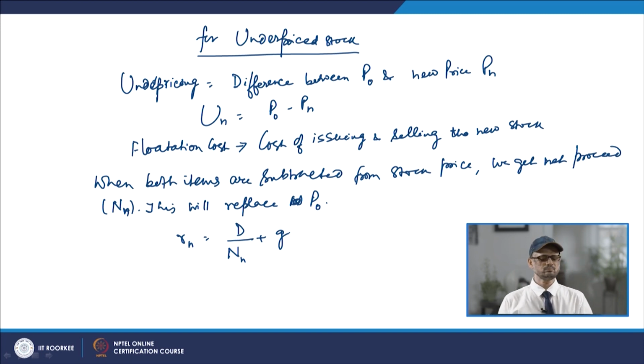So, for example, suppose you have a new issue of stock, and in the previous example, the firm basically will be deciding that it will underprice it by rupees 1.55.